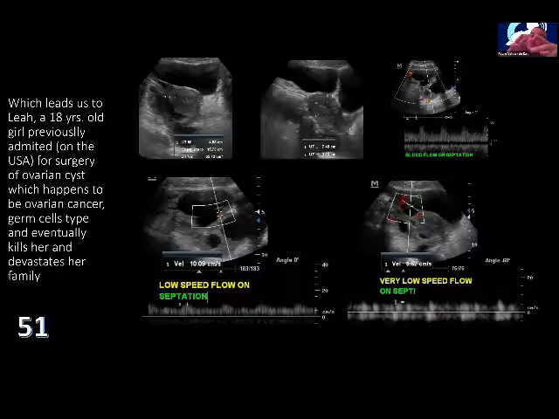And this happens to be a pelvic malignancy. First is to be, then how to be or what to be. And here we fail as attending physicians if we offer reproductive life to a girl who passed away 1 or 2 years after that.